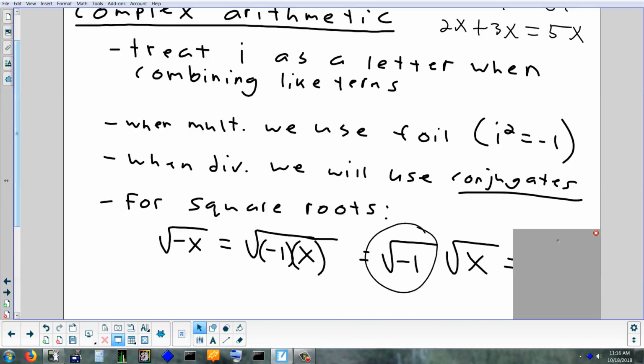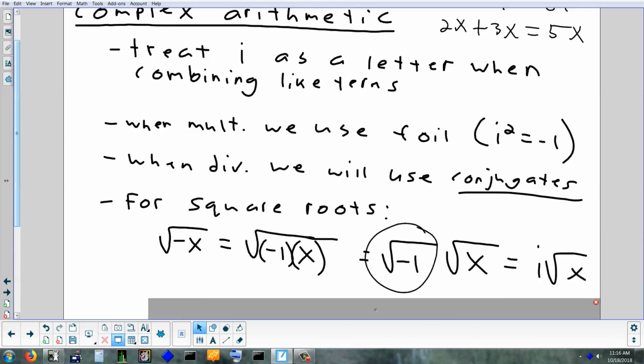And that we know the answer to. What's the square root of -1? i. So basically what ends up happening is anytime you take the square root of a negative, the negative symbol comes out from under the root and it turns into an i because of what I showed you right there. Other than that, taking a square root is exactly the same. It's just if there's a negative under there, put an i on the outside and get rid of the negative under the root.